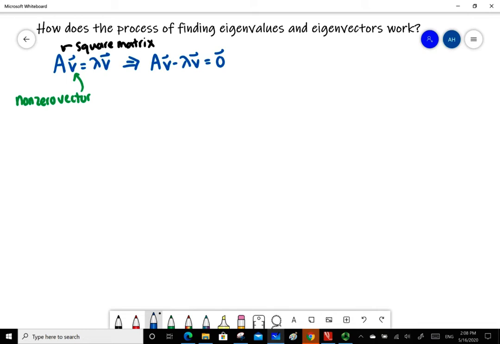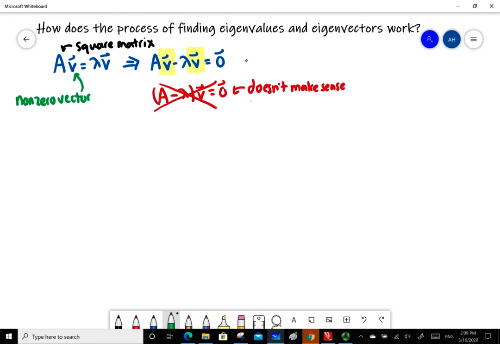Now I'd really like to factor out the V, but I can't just write A minus lambda V equals 0, because A is a matrix and lambda is a scalar, so subtracting them doesn't make any sense.